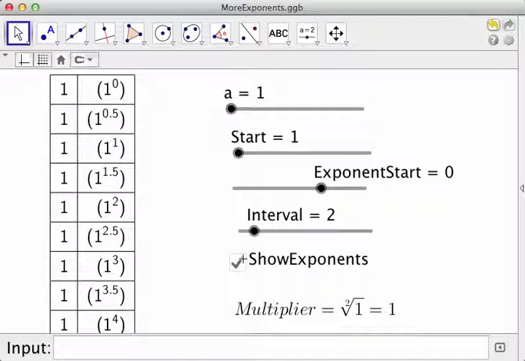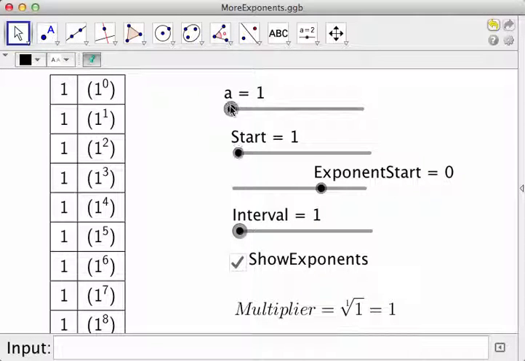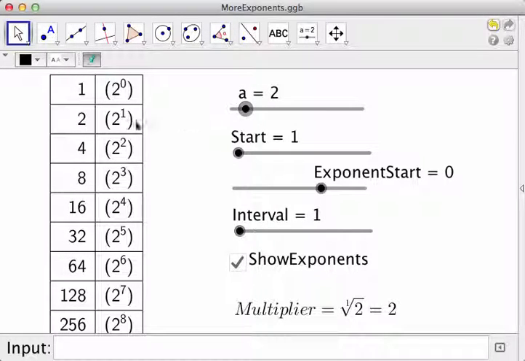Okay, let's show the exponents now. Set interval back to 1, set A to 2, and notice now we have, in addition to the numbers, we have them expressed as exponents.